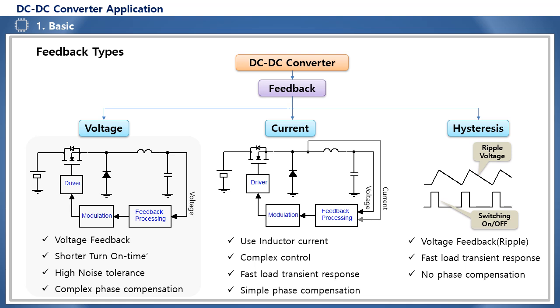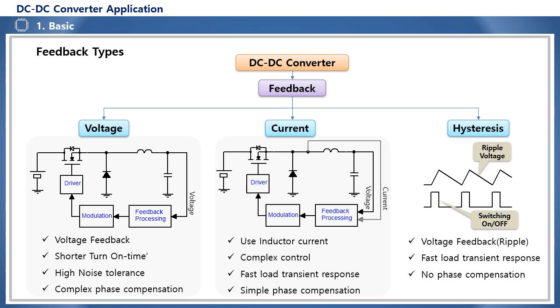After receiving the output voltage as feedback, it performs voltage control feedback processing, and then drives the driver through the modulation section. The advantage of this method is that it is relatively simple, using a feedback loop composed of only voltage, has a shorter turn-on time, and has high noise immunity. The disadvantage is that the phase compensation circuit is somewhat complicated.